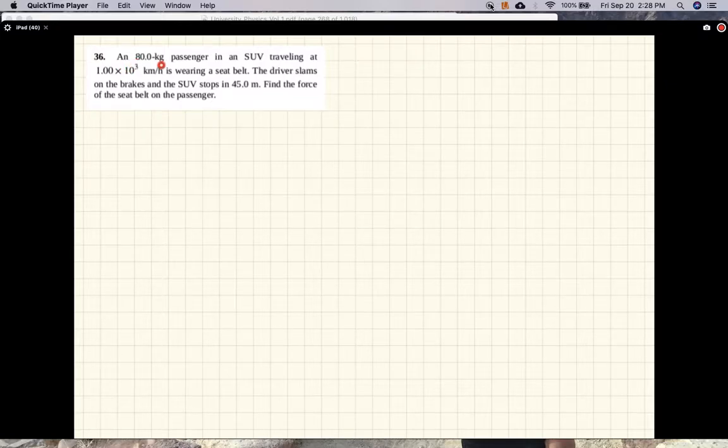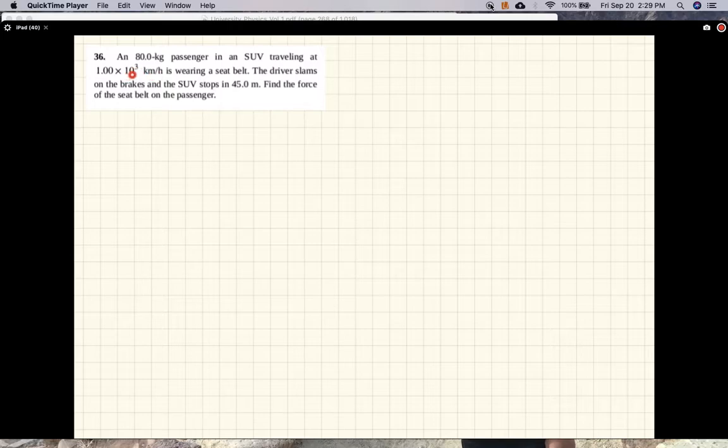This problem says an 80 kg passenger in an SUV traveling at 1,000 kilometers per hour. Oh, this is a typo.